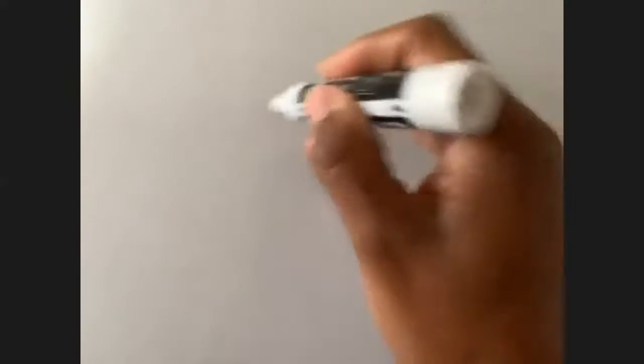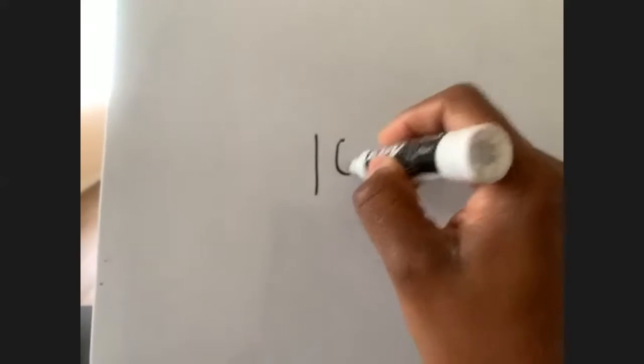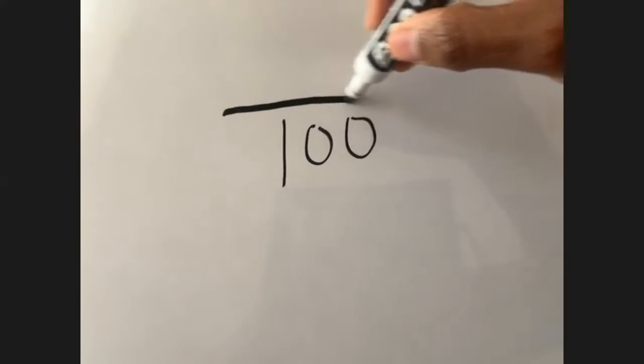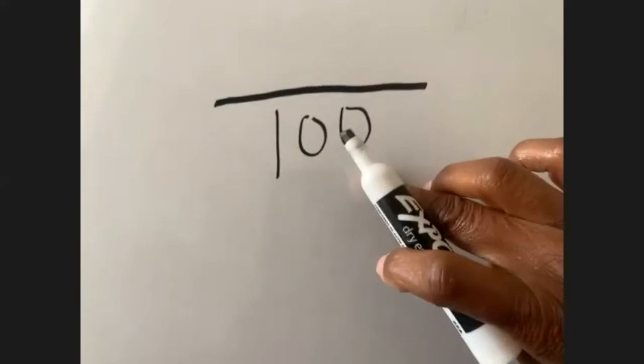So for instance, if I had a percentage, right? We know that 100% is the whole, right? Okay, so that's the whole. The denominator, which we learned last week, was the bottom number right here. This is the denominator.